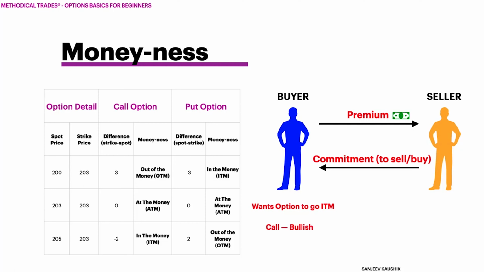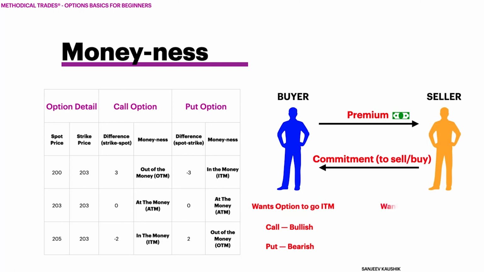That is, if he bought a call option, he is expressing to the world that he has a bullish view on the underlying. And if he bought a put option, then he is expressing to the world that he has a bearish view on the underlying and he is expecting the underlying to go down. And exactly opposite would be the case for the seller.